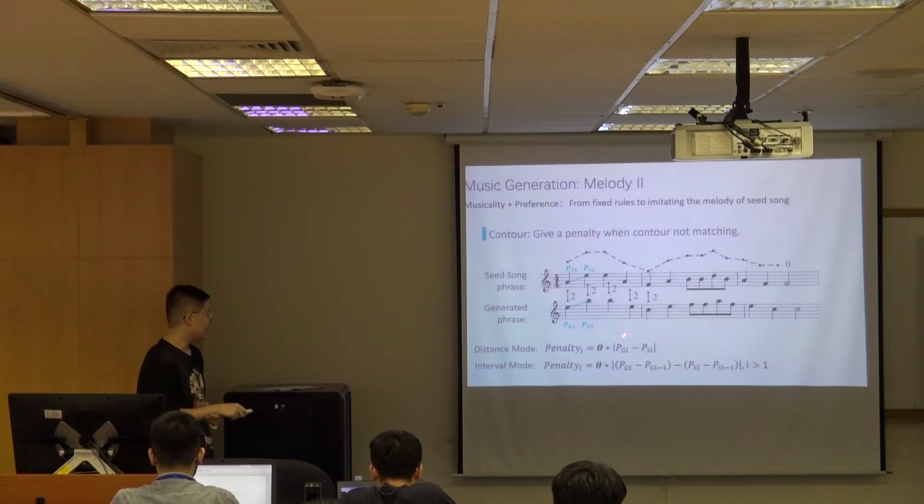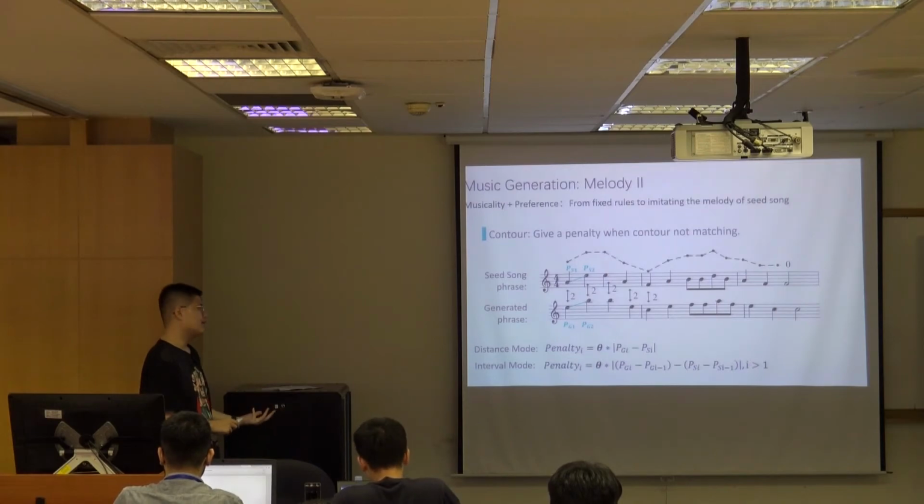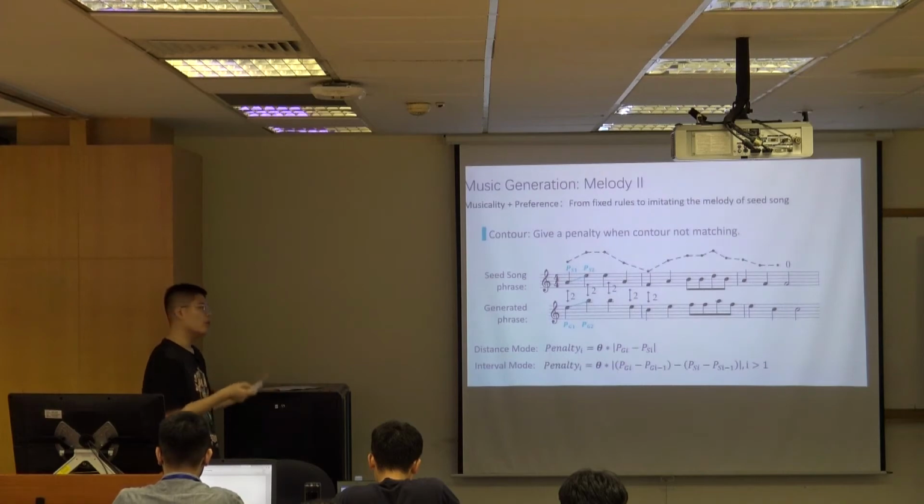And you may notice that we have a theta here. The theta is like the weight of the contour penalty. It means how much a user cares about contour similarity over others, like the statistical features and the music theory rules.